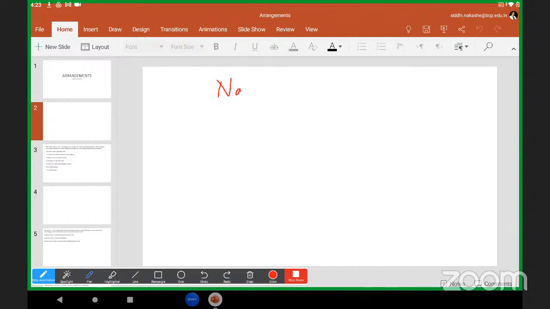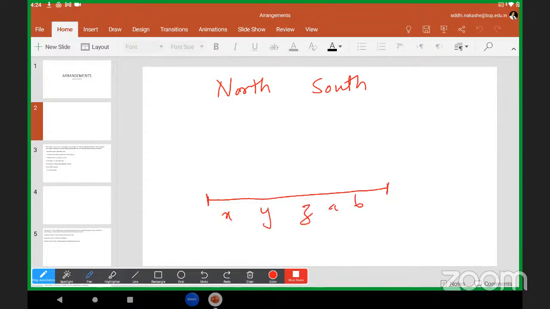We'll discuss first north, then south. When we are given conditions with respect to north and south, we can draw a straight line for arrangements. There are some people X, Y, Z, A, B sitting, and they are facing in north direction. Whenever they are facing north, always consider yourself towards the screen, and consider this as left and this as right.